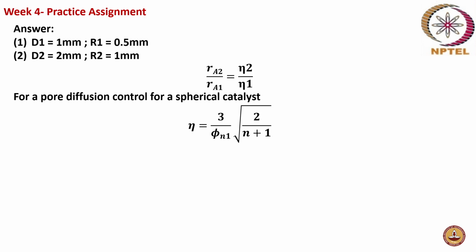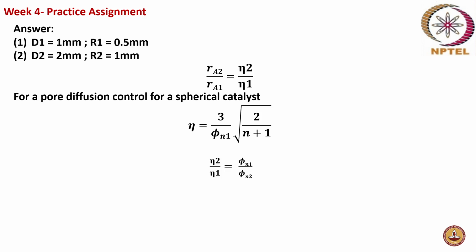Because for a spherical catalyst, since there is pore diffusion, you don't have the coth term, and the effectiveness factor comes as an inverse relation, that is, 3 by phi. For example, in the case of a first order reaction, eta is equal to 3 by phi, and for the nth order reaction, it is equal to 3 by phi n into square root of 2 by n plus 1, where n is the order of the reaction.